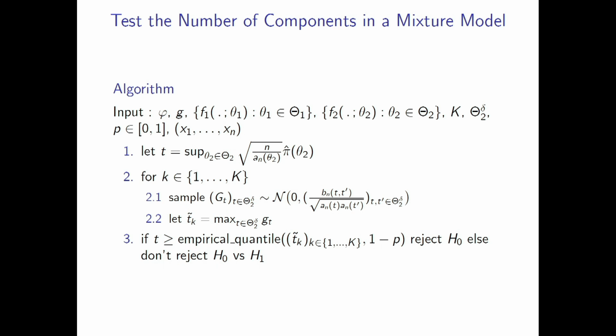Of course, it depends on the size of the matrix here. And then we just have to record the maximum of this Gaussian vector. And we do that a large number of times, capital K. And then we can use the empirical quantile of this as a threshold for the test and decide if we reject or not H0. Or we can compute a p-value.